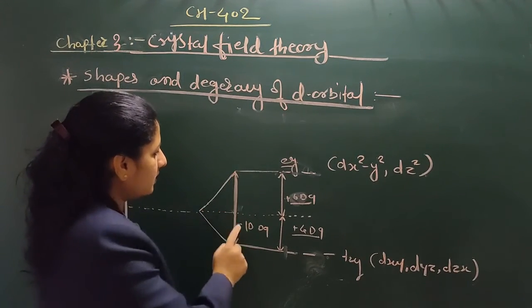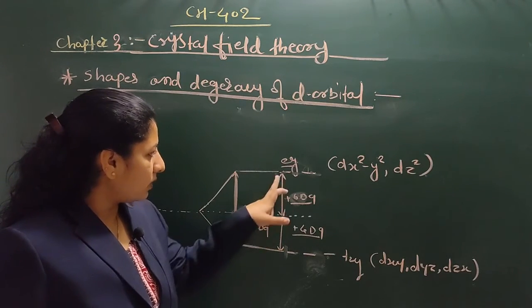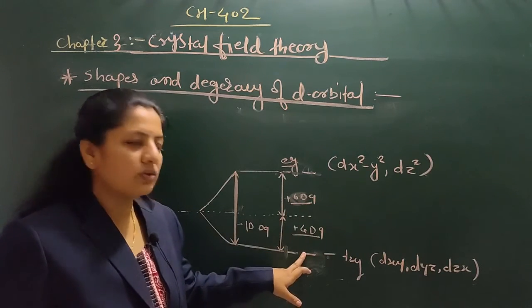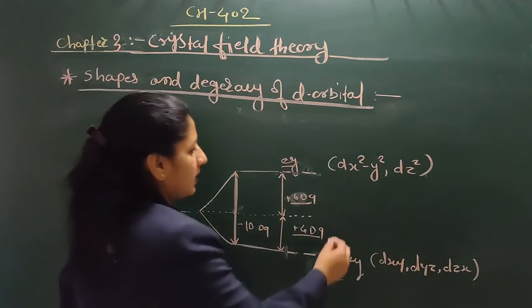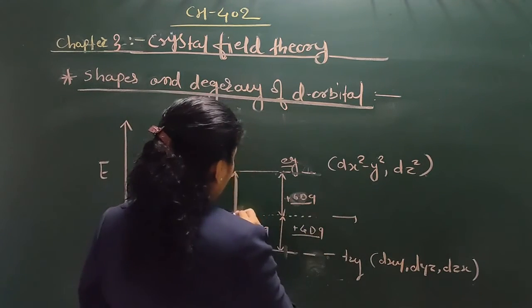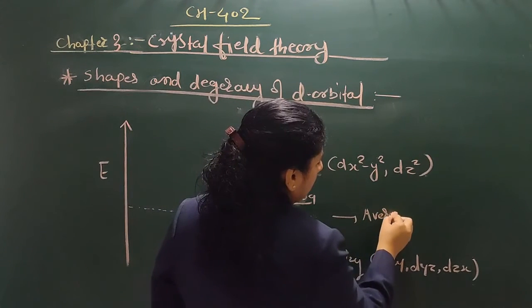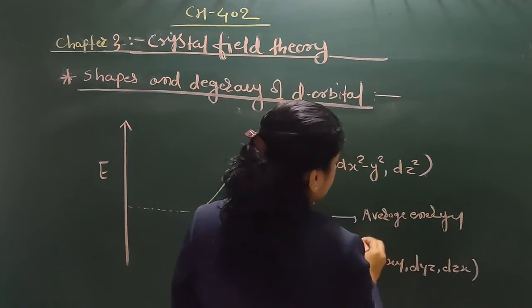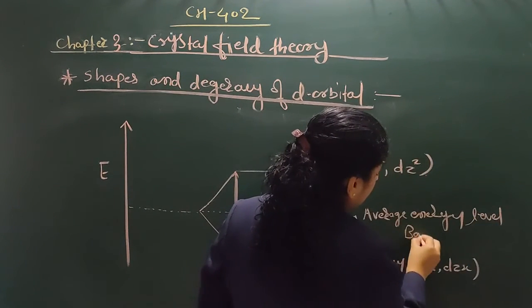The total energy separation between t2g and eg is 10 dq, and it is divided so that eg, having higher energy, is at 6 dq, whereas t2g has lower energy, so it is at 4 dq. The average energy level is known as the barycenter.